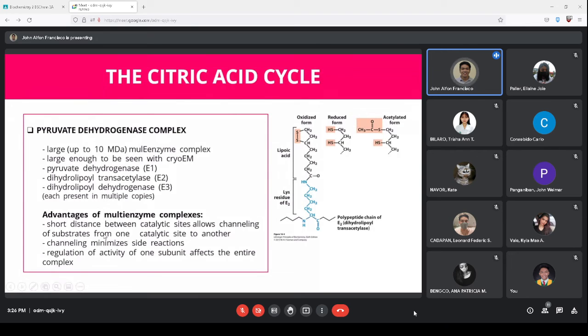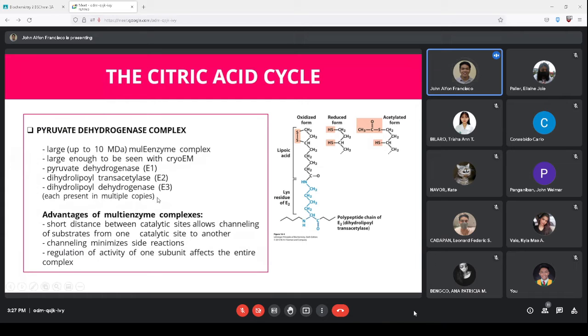Yung short distance between catalytic sites allows channeling of substrate from one catalytic site to another. This is actually very helpful kasi kapag magkakahiwalay yung component ng production from pyruvate to acetyl-CoA, possible na magkaroon ng unwanted reaction yung substrate before siya ma-convert, before siya pumasok dun sa next na enzyme or protein.